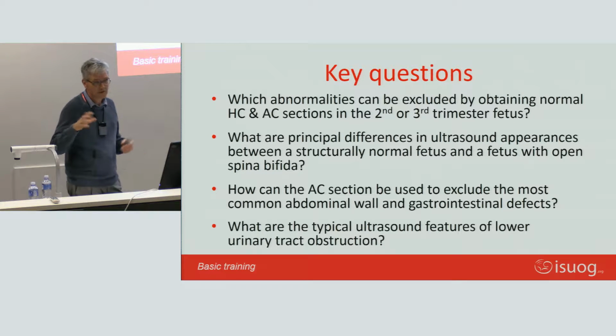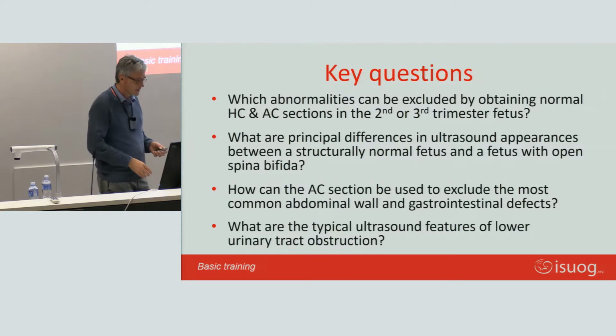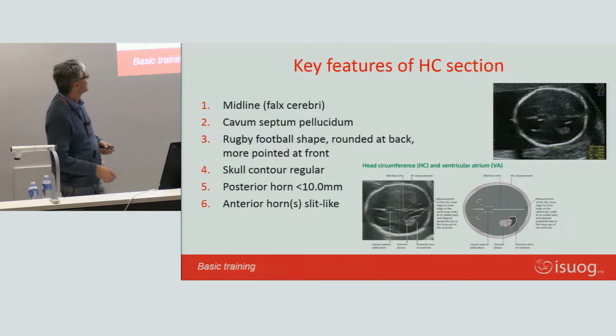Because if you do a biometry, that's what you'd be looking at. And then, importantly, how do you distinguish between the baby with and without spina bifida? How do you exclude omphalocele and gastroschisis on the abdominal circumference? And then, last but not least, what are the features of lower urinary tract obstruction?